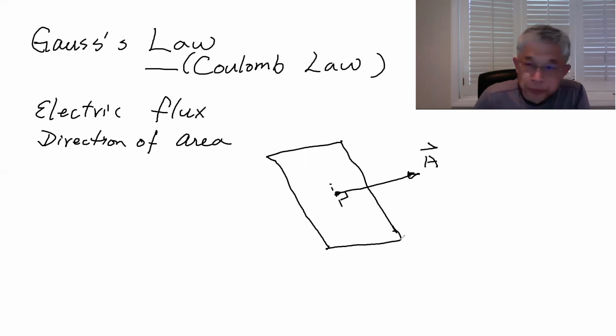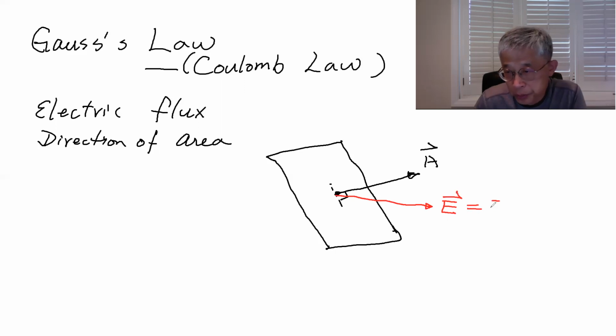And then if you have the electric field, let's say the electric field is going this way. We would define the electric field somewhere else, but this is called the electric field.